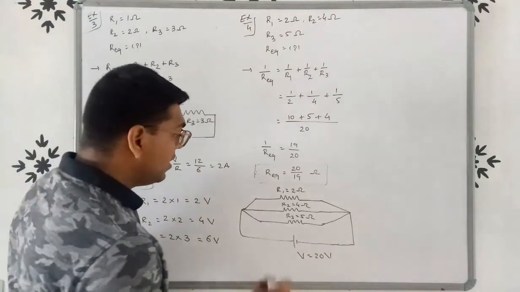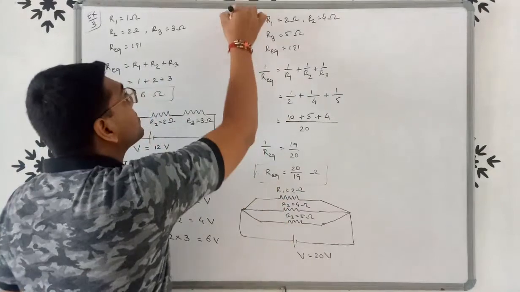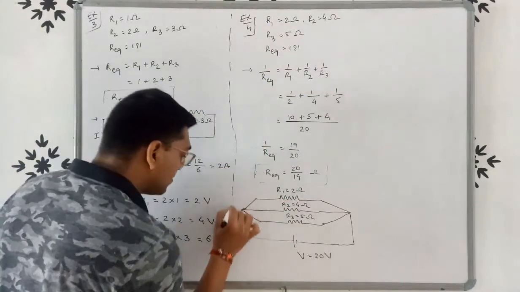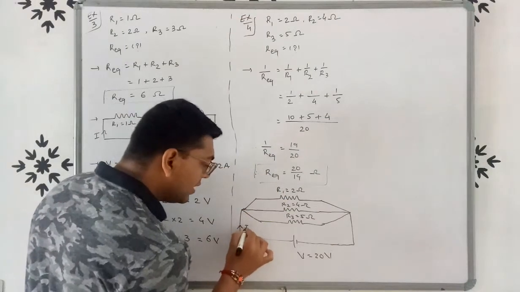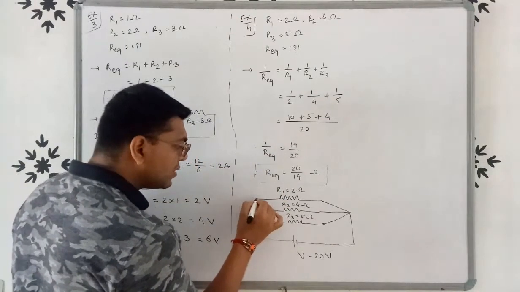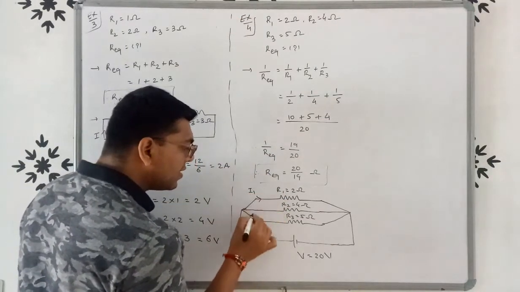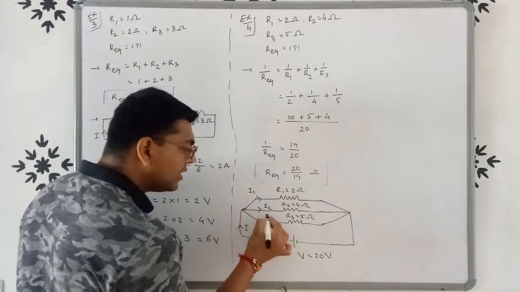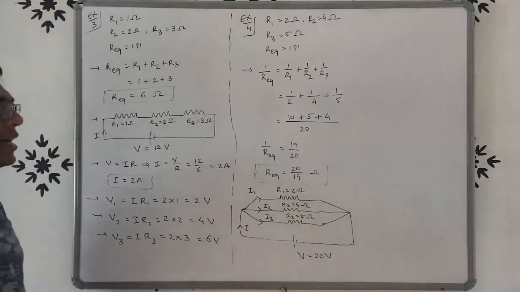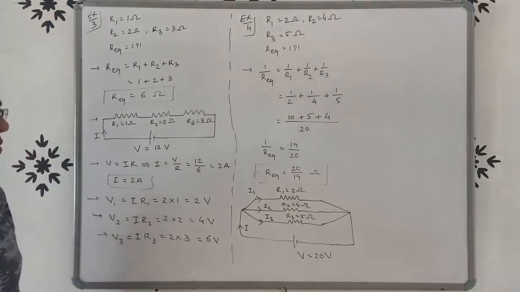So here for R the total current is I. So current that passes through resistor R1 is I1, through R2 is I2, and through R3 is I3. Now we already discussed this concept.